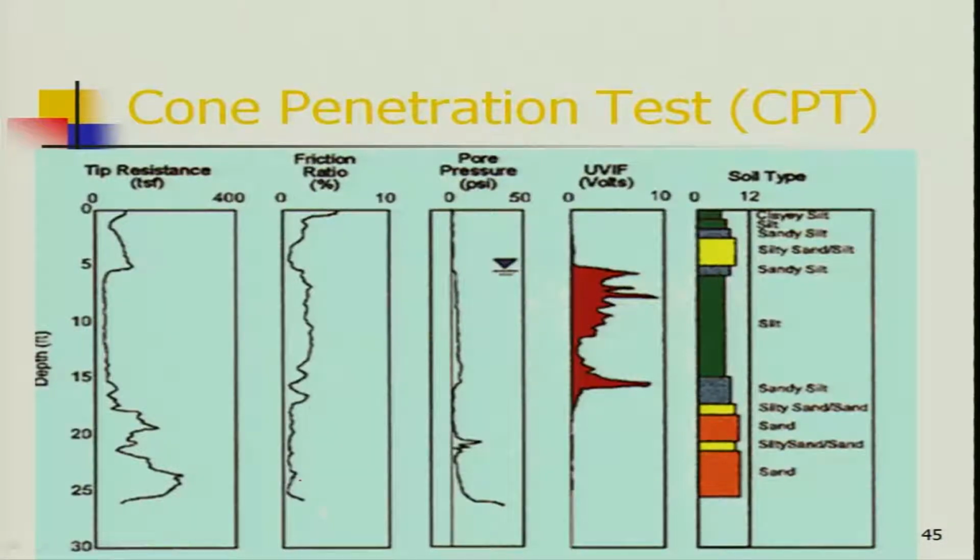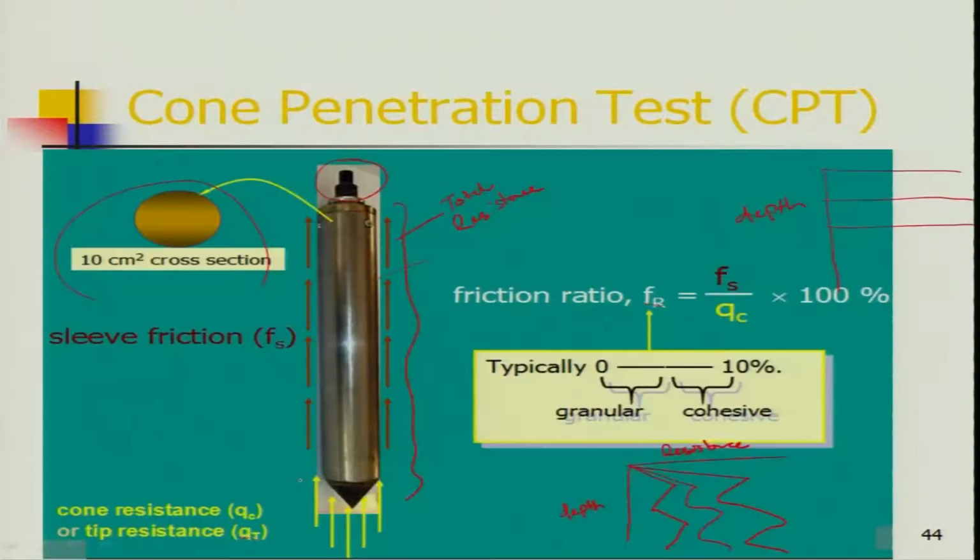Now, another part I forgot, the friction ratio: Fr is equal to Fs by Qc, into 100%. Fs is the slip friction or frictional resistance, and Qc is the cone resistance. Typically it is 0 for granular soil, and varies up to about 10% for cohesive soils.